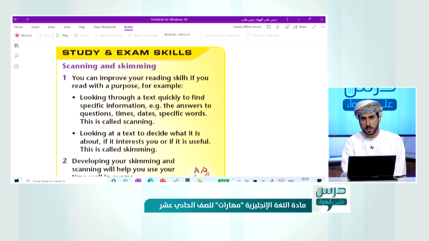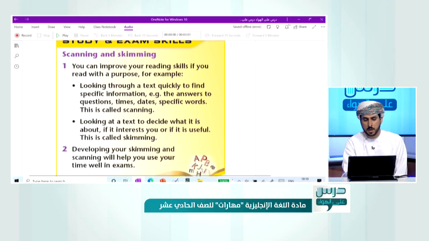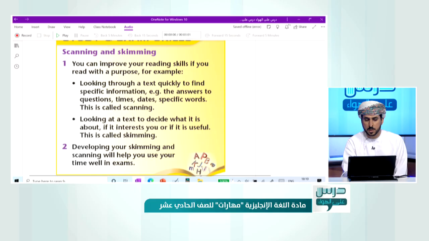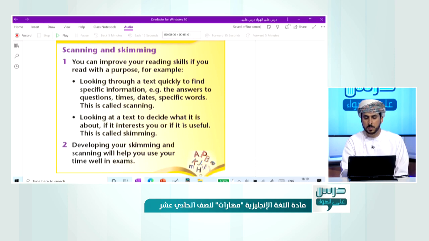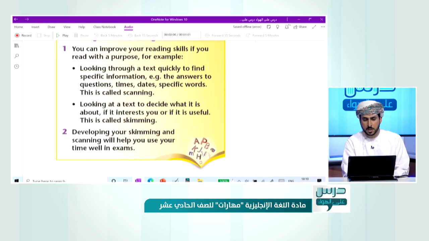But before we study, let's remind you of the 2 strategies that we use when we read. We have said many times that we use a scanning strategy and a skimming strategy in order to answer questions. Here, in study and exam skills, this information might help you train yourself using these 2 strategies.